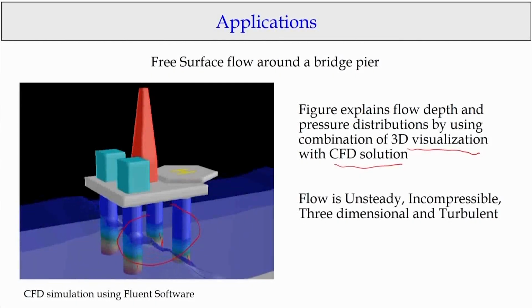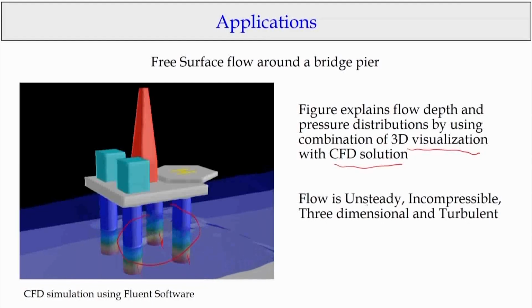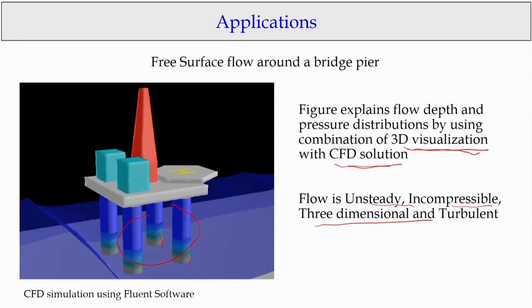If you look at these 3D figures, this flow is unsteady, varies with time, and is incompressible, 3-dimensional and turbulent. All this complex flow we can solve using CFD and visualize in 3D. Somebody can feel how the flow is going on. If you look at that, there is also a breaking of waves happening.